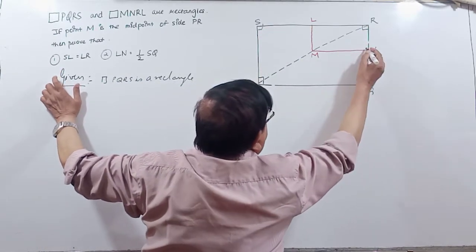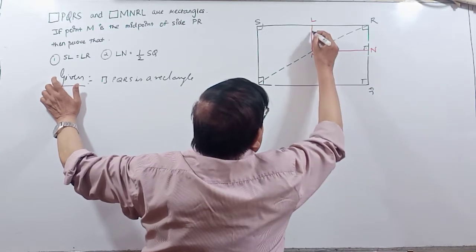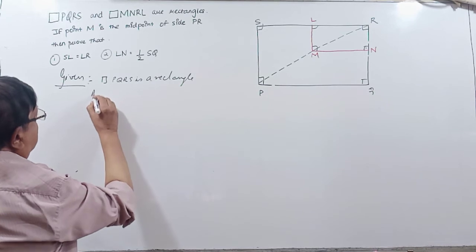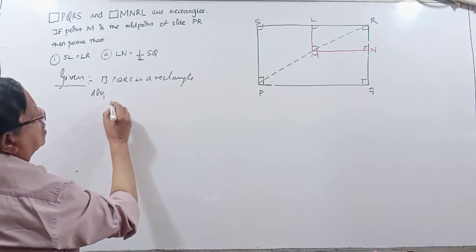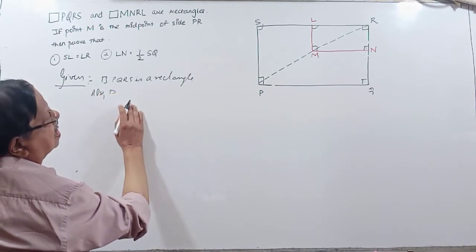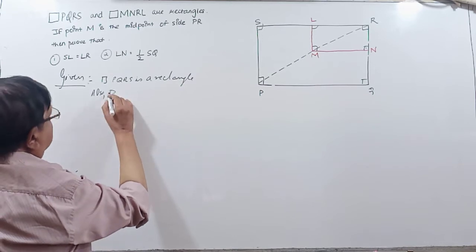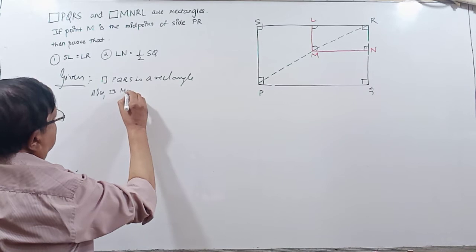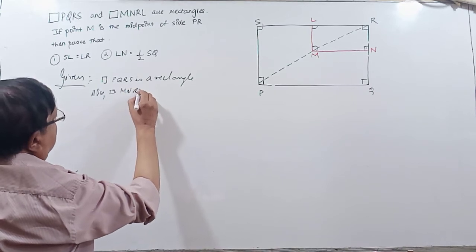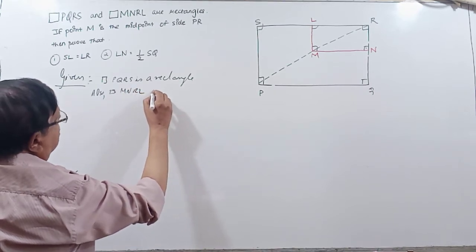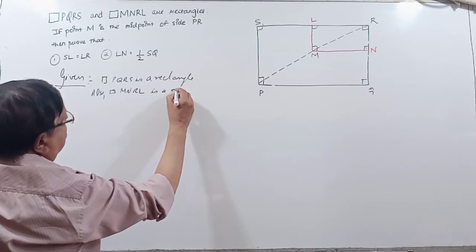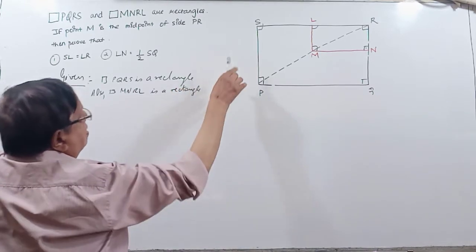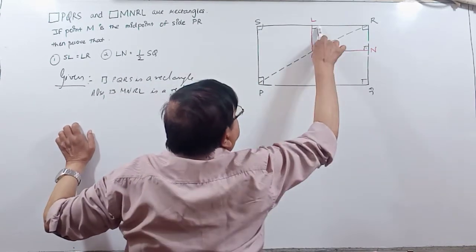Also quadrilateral LMNR is also a rectangle. Both are rectangles. This is a rectangle, this is also a rectangle.